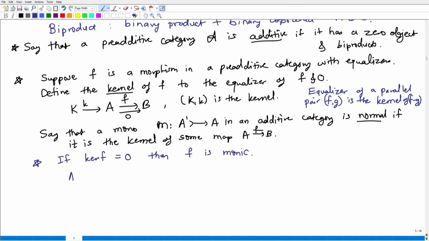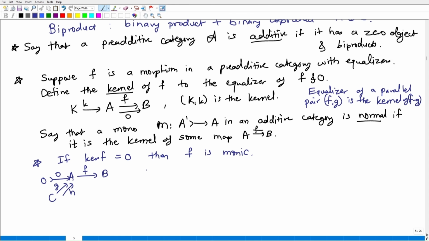Let me start with this A and B. This is f. Its kernel is the zero morphism. Well, 0 I can always take it to be 0. Then I have to start with a pair of morphisms on which side? C to A. Very good. Let me call them g and h.